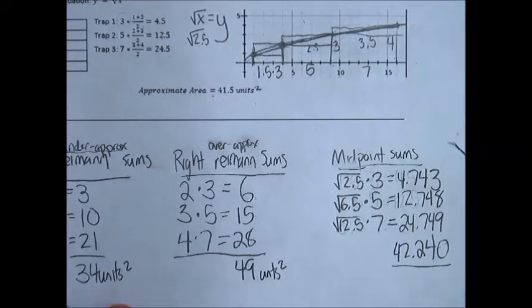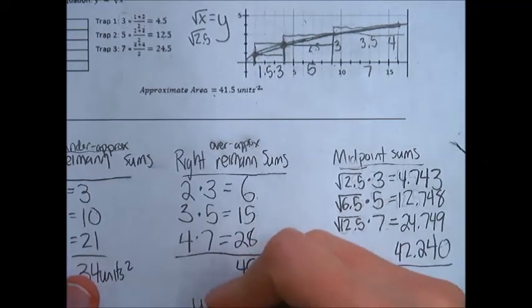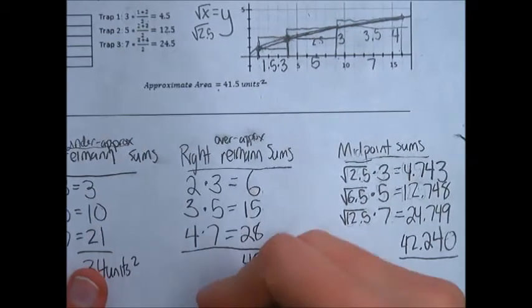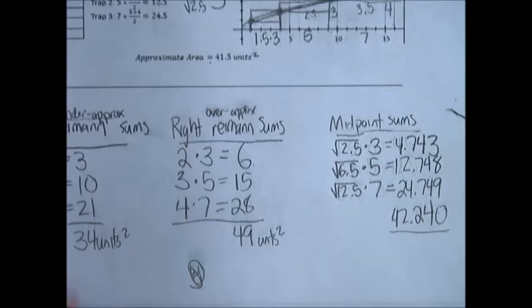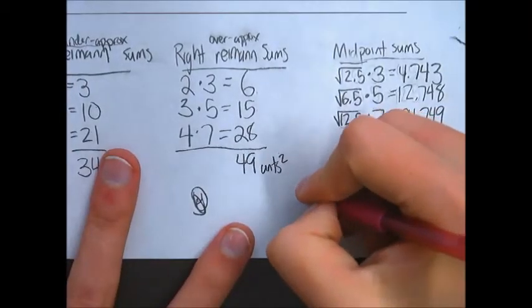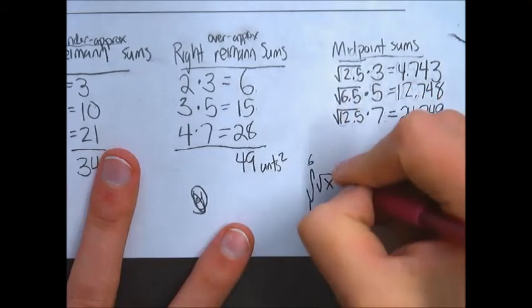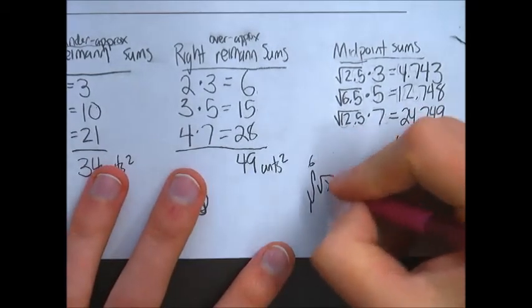So let's actually take the integral of x to the 1/2. So our function was y equals root x. So let's take the integral of root x. So I'm going to zoom down here. And we're going to take the integral of root x from 1 to 16. Just see what we get here. So this is x to the 1/2.